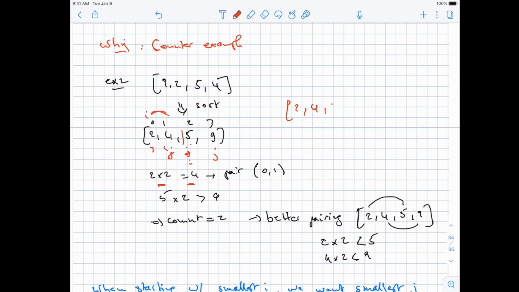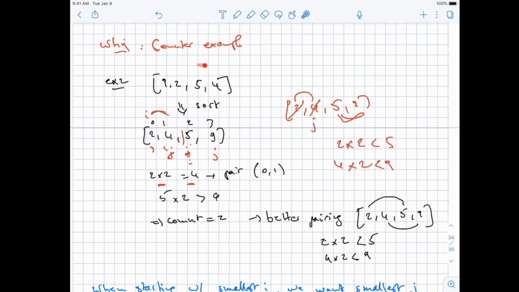Basically, if we do 2, 4, 5, 9 and we put our j here, we'll end up pairing these two, and then the remaining ones can't be paired. But that's not the best solution. The best solution is to pair 2 and 4, 2 and 5, and 4 and 9, because 2 multiplied by 2 is smaller than 5, and 4 multiplied by 2 is smaller than 9. So this is the better pairing, placing j in this position.